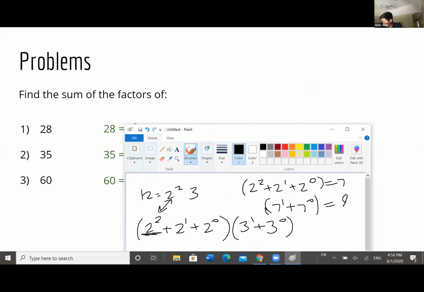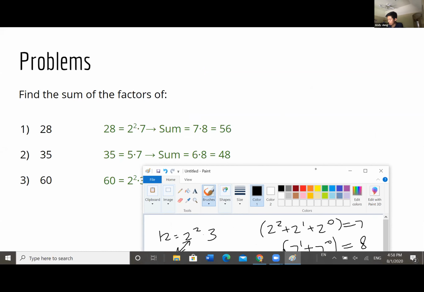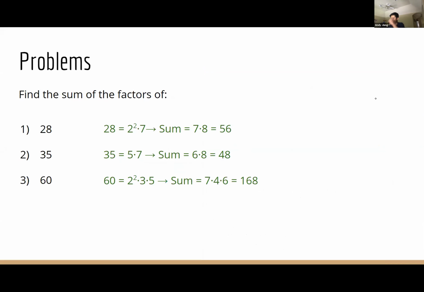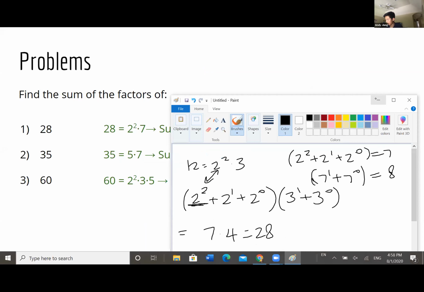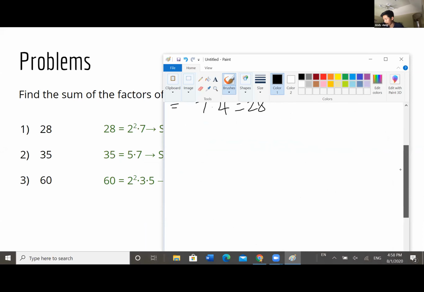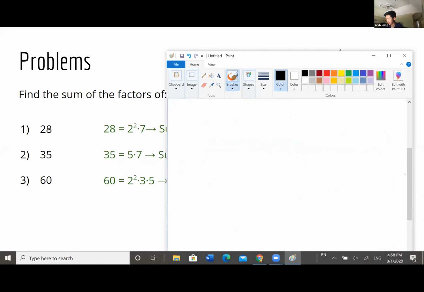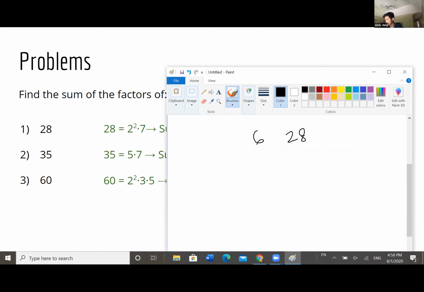So that's just 7 plus 1, or 8. And that's where this 8 comes from. Yeah, so just a fun fact to note is that 28, the only two numbers that are small and have a sum of the factors equal to twice their number are 28 and 6. 6 has 1, 2, 3, 6, which is 12. 28 here we can see is 56.